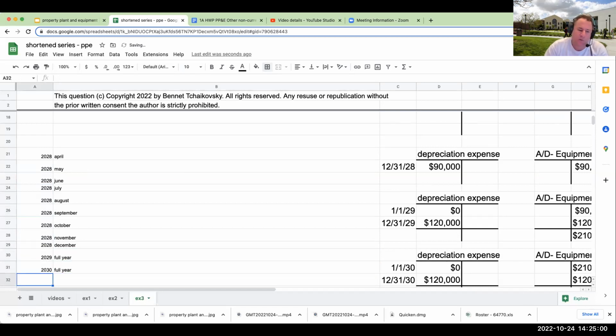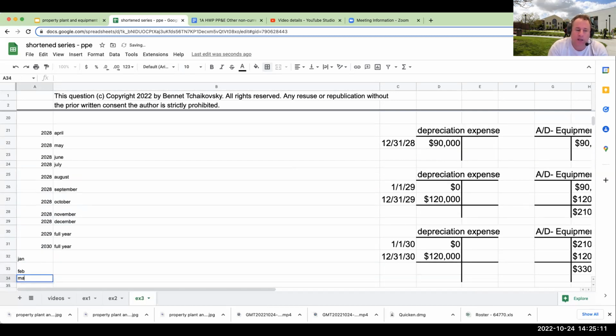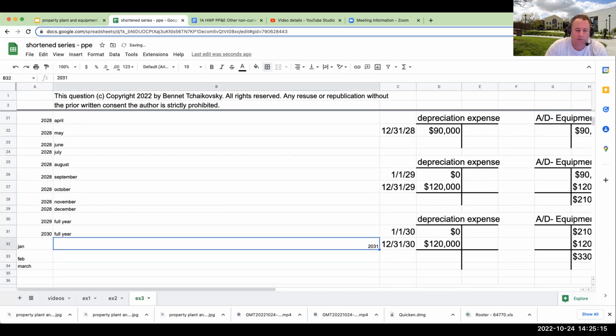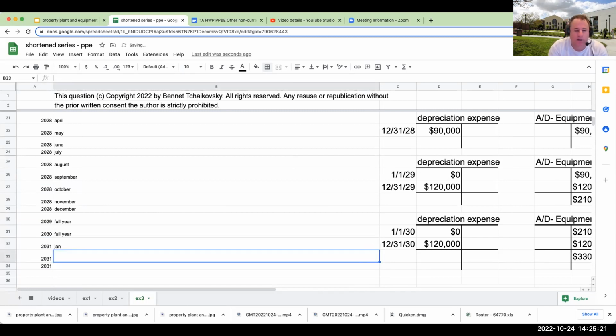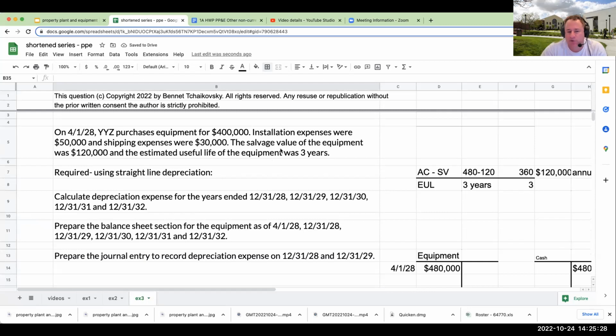In 2031, I can only take a total of 3 years, and I've already used 2 years and 9 months. So that's going to leave me with January, February, and March of 2031, because in total, I can only take 3 years of depreciation expense.